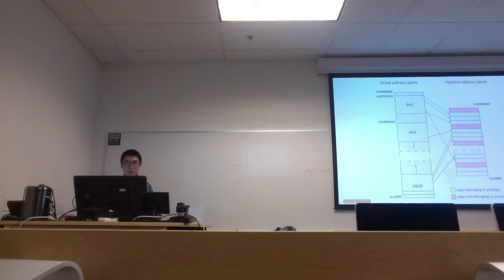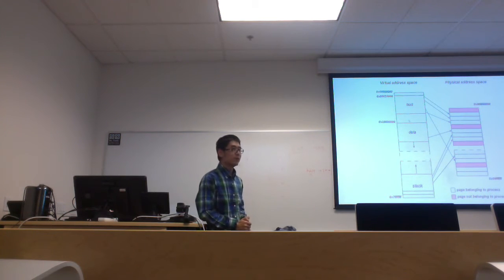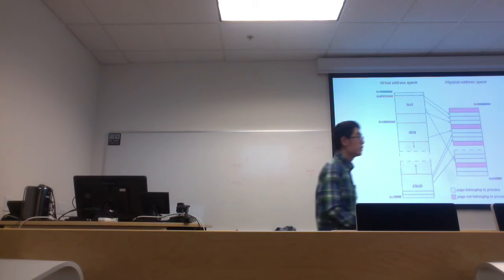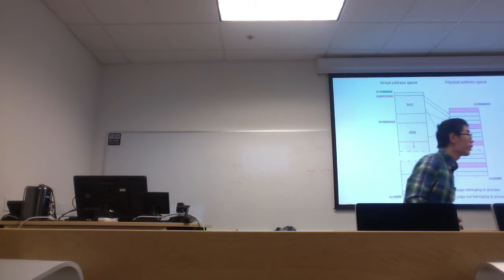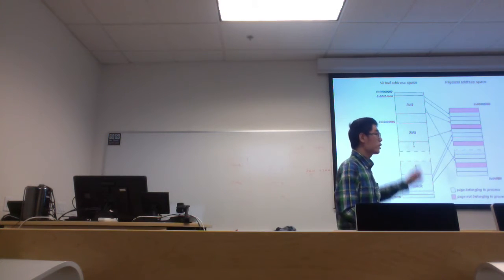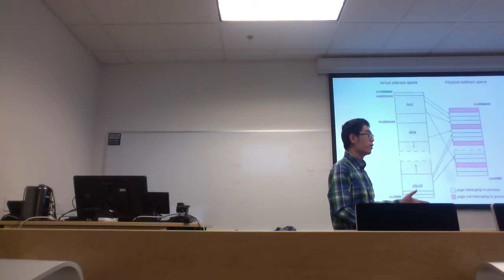This is some kind of memory hole. What if you access some address that lies in the hole? What will happen? You got a page fault, right? When you access the holes, the kernel will tell you there's nothing there.